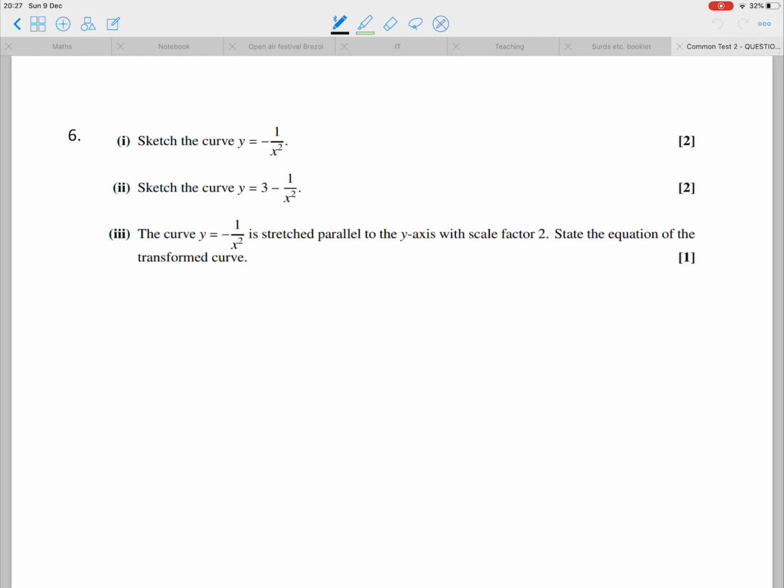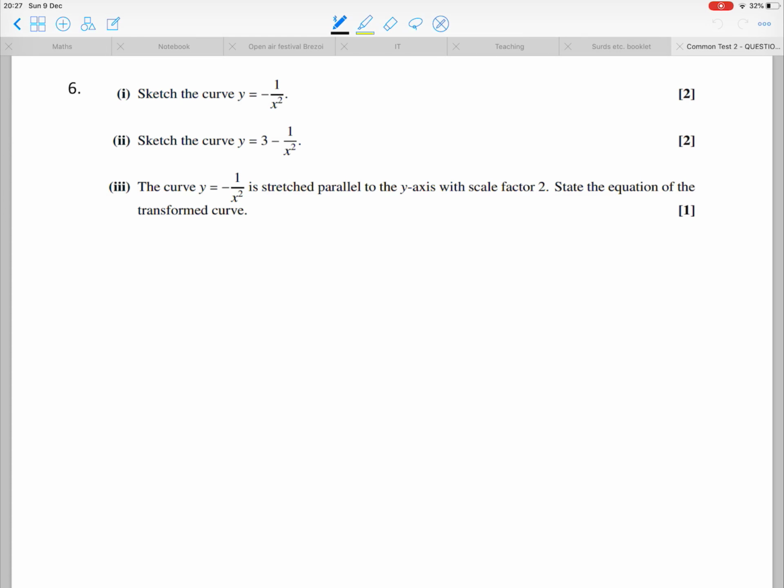Sketch the curve y equals minus 1 over x squared. Well, if you haven't revised your standard shapes, then you won't be able to do this. You simply will get stuck. If you have revised your standard shapes of curves, then you'll know that y equals positive 1 over x squared looks like this.